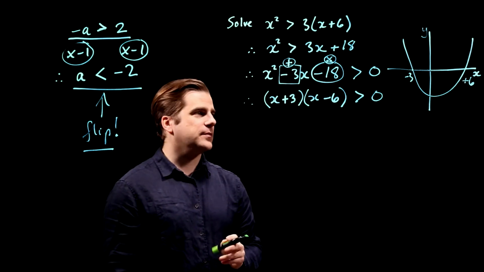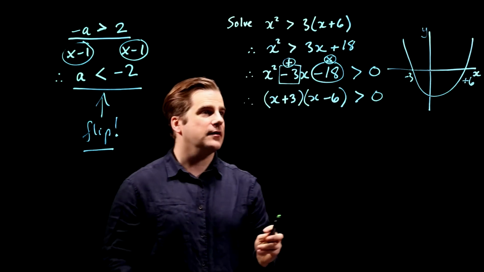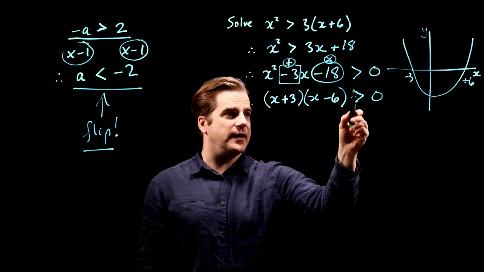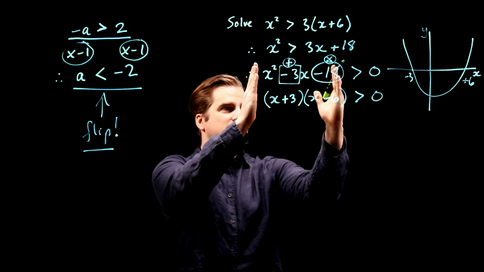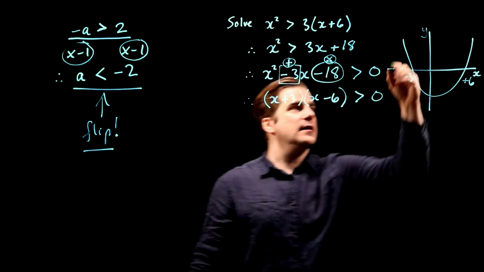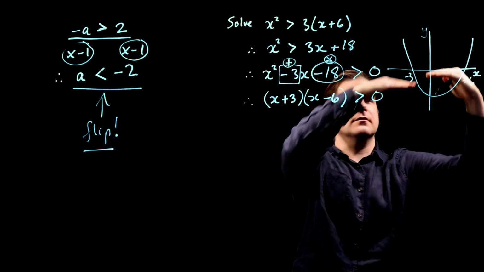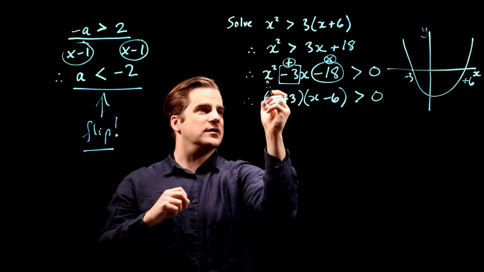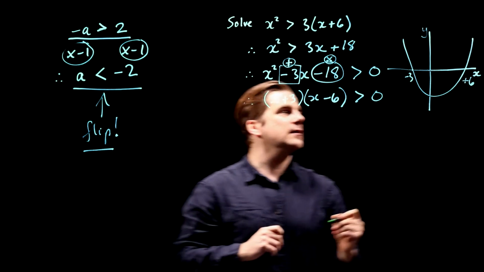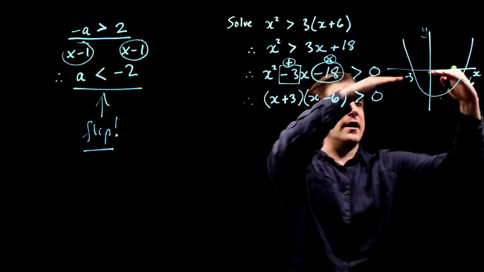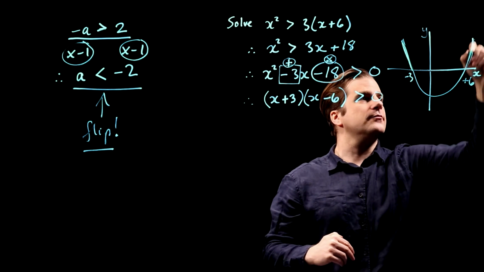Okay, let's move on. The point of doing this is we've got the sketch of this quadratic. And now we can go back to this being greater than 0, what it actually is. What does it mean? It's saying, where is this quadratic greater than 0? Well, it's greater than 0 in this region here, okay? Again, pretend it's y equals x squared minus 3x minus 18, or y equals x plus 3 times x minus 6, in which case y is greater than 0 here and here.